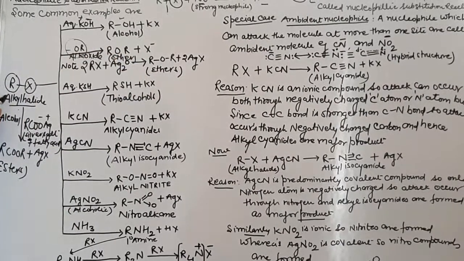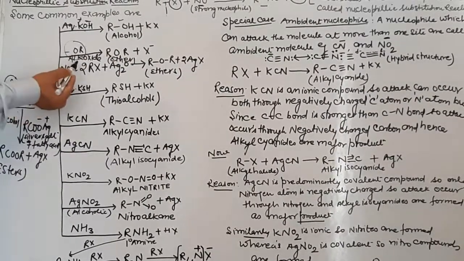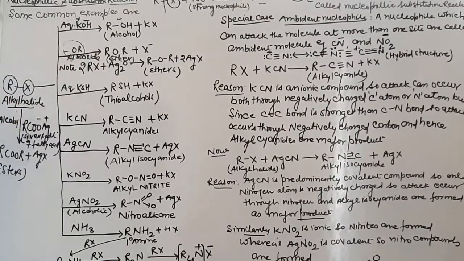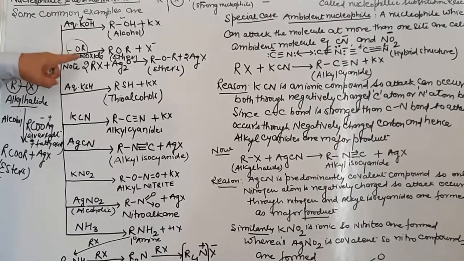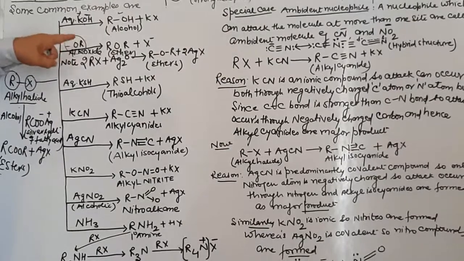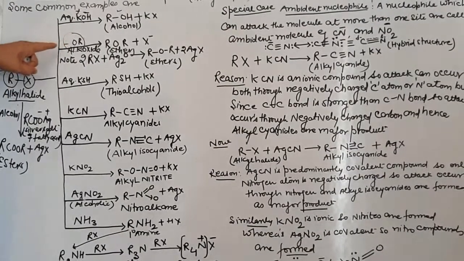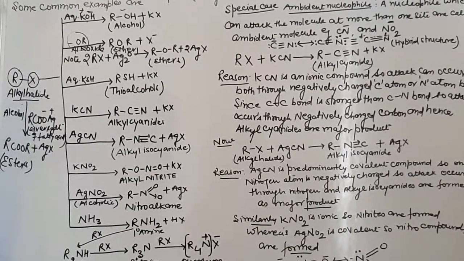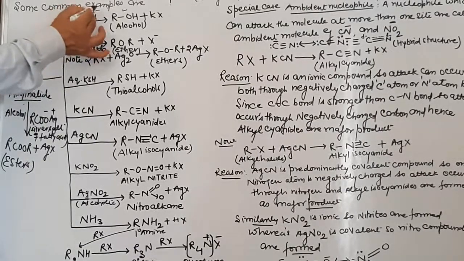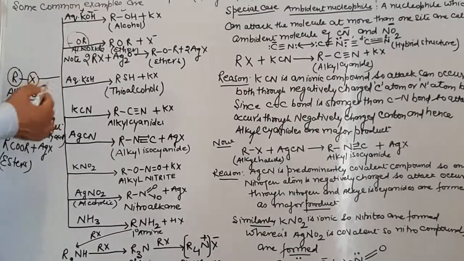So this is a property of alkyl halide and a method of preparation of ether. So alkyl halide can be converted to ether when the nucleophilic substitution reaction occurs and the nucleophile is an alkoxide ion. When the nucleophile is an OH negative ion, it will result in the formation of alcohol.